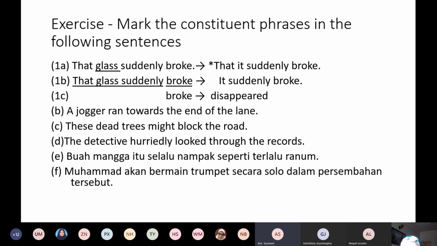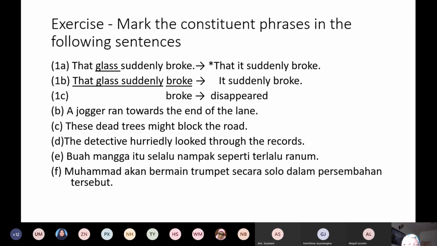Secara solo. Mm-hmm. Secara solo boleh replace macam secara berkumpulan. Mm-hmm. Last sekali dalam kira macam cara bermain tu kan? Cara bermain. Lepas tu persembahan tersebut. Dalam persembahan tersebut maybe boleh replace dalam pertandingan tersebut ke macam tu.